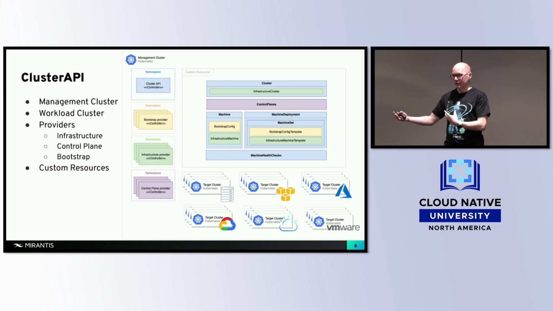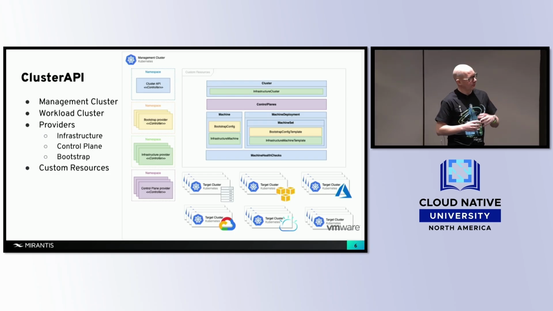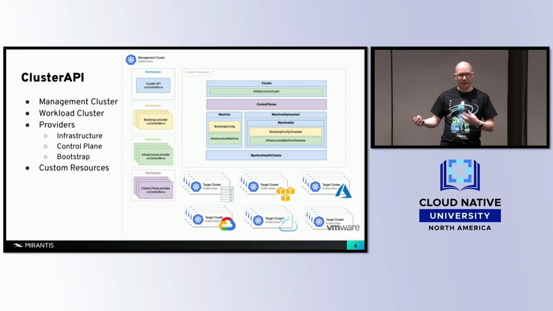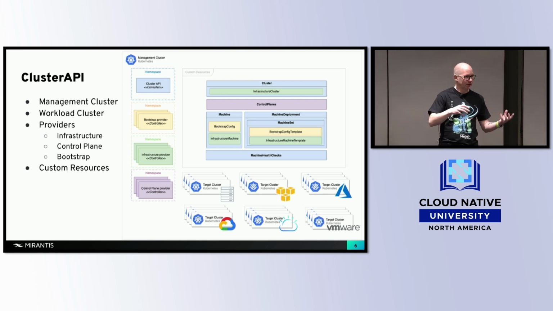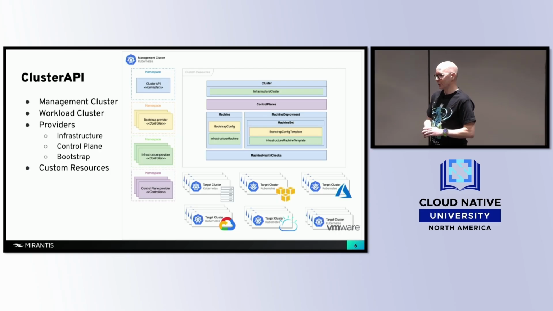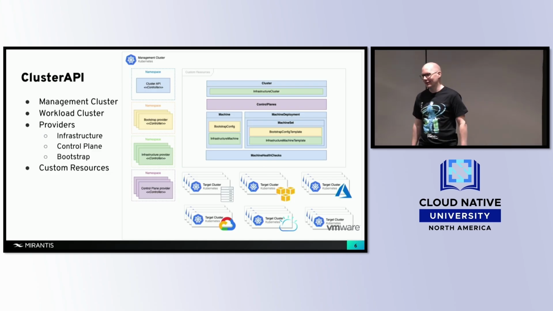And the other clusters are called workload clusters. You might hear me talking about child clusters. Child cluster, workload cluster, same thing, different name. And I sometimes use a term called mothership cluster for the management cluster. I'm super into sci-fi stuff.